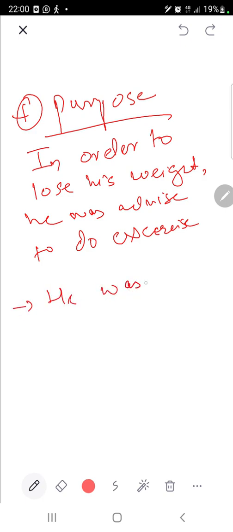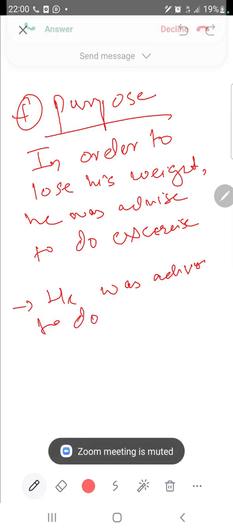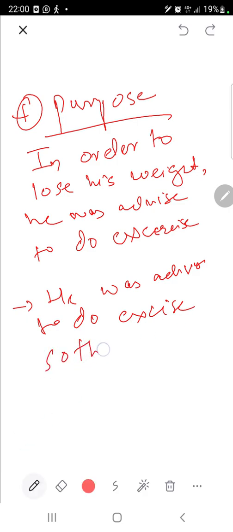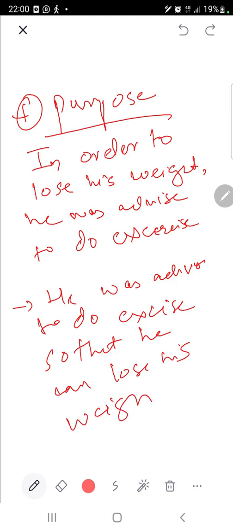He was advised to do exercise so that he can lose his weight. Right? Okay. So these are the purpose clauses that can be used. Is it clear to you?